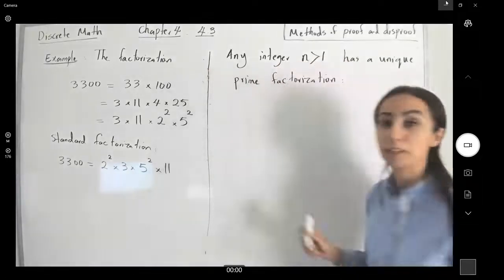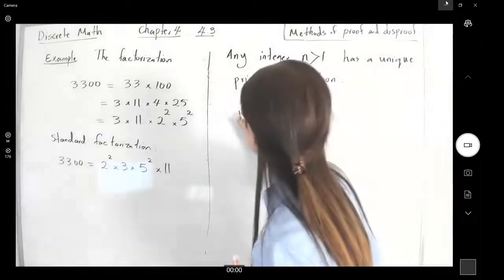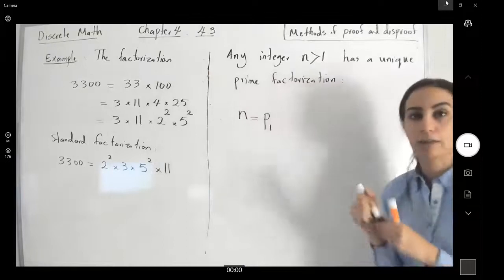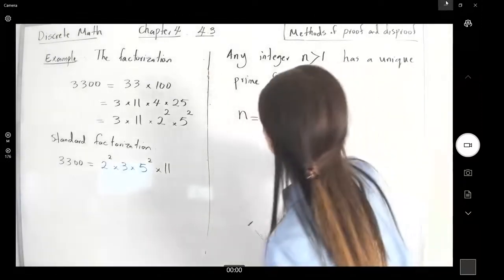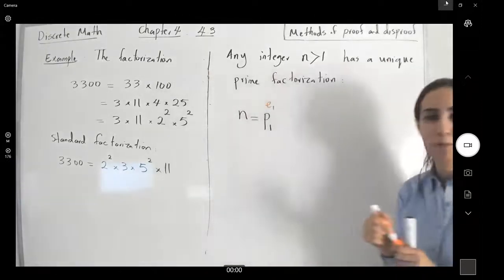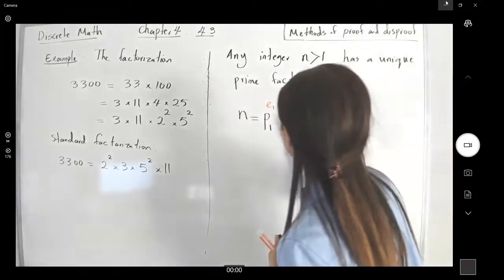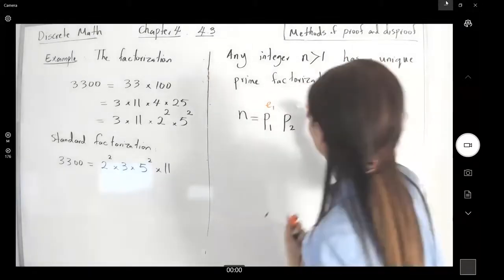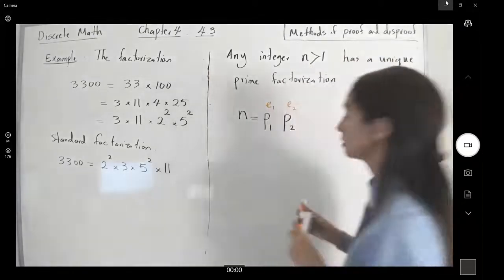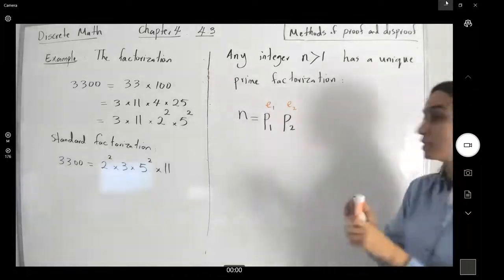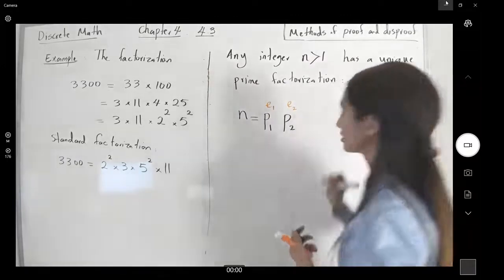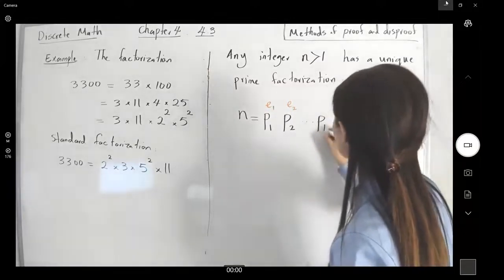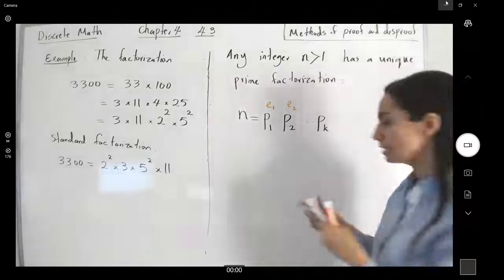This can be written this way: n is equal to p sub 1 raised to exponent e sub 1, p sub 2 raised to exponent e sub 2, p sub 3 raised to e sub 3, and the rest; we stop at some point, p sub k raised to e sub k.